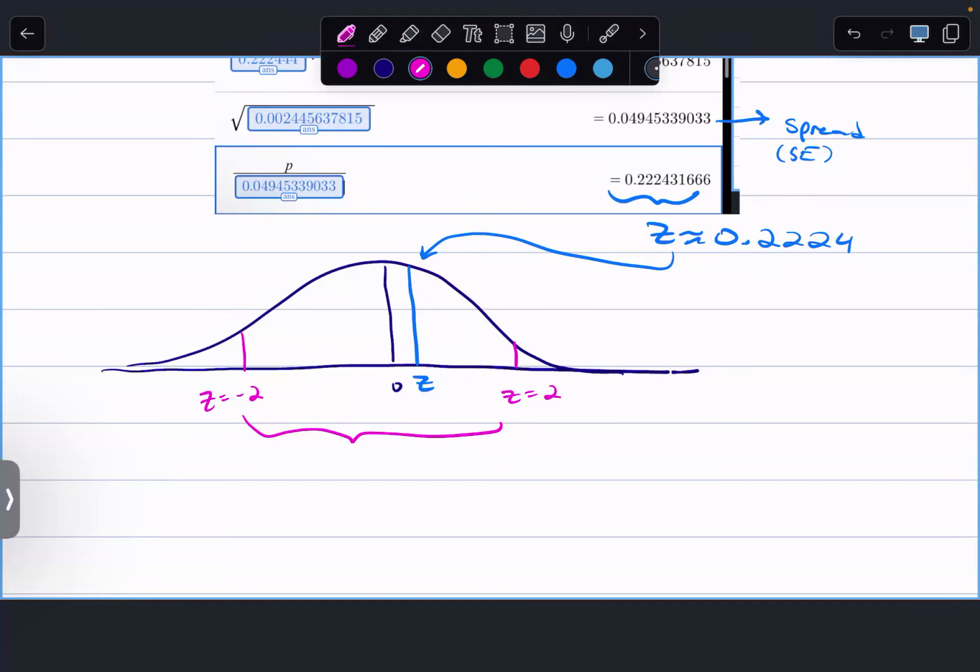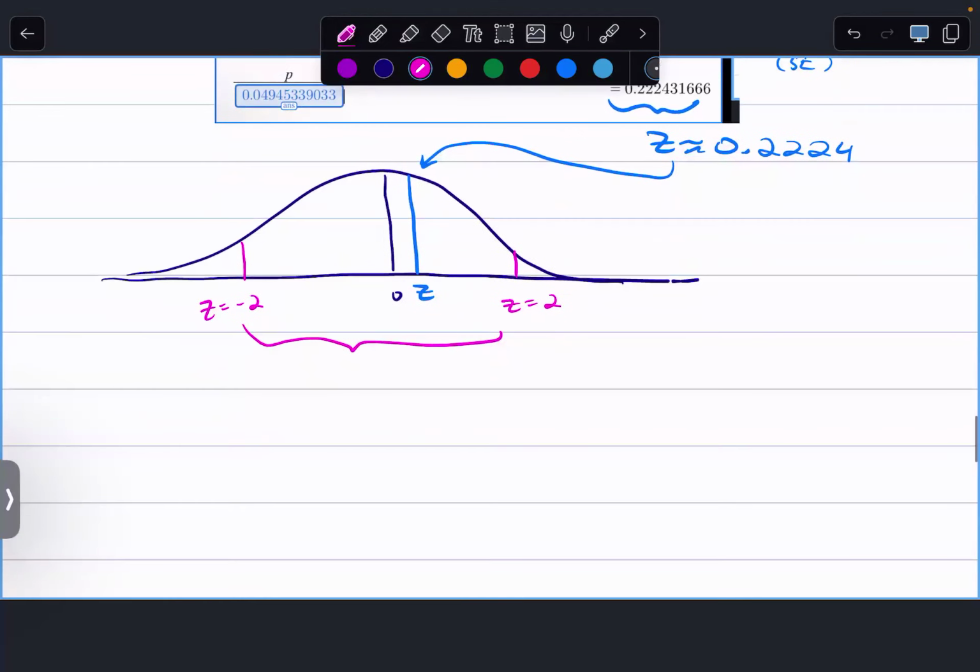I do not have enough evidence to reject H naught. Whereas out here, I tend to reject H naught. I've moved far enough away. We call this the rejection region.